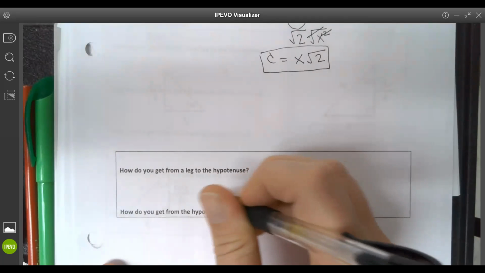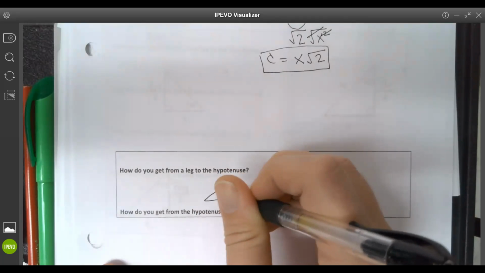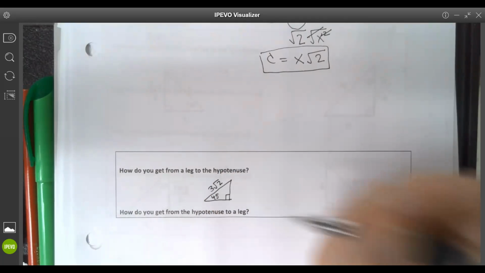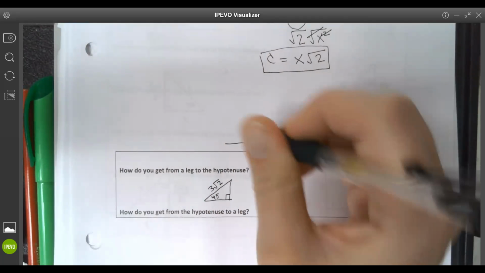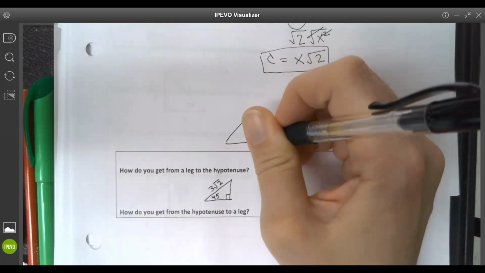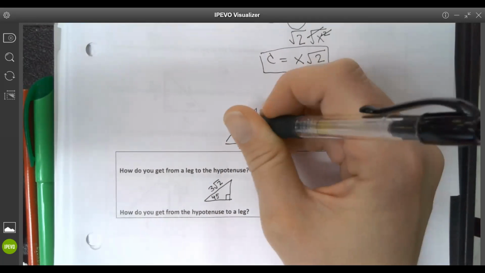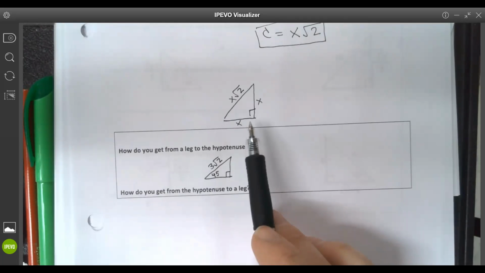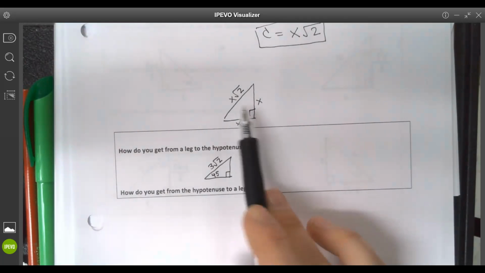so let me draw on a 45, 45, 90. If I'm given that the hypotenuse is 3 rad 2, let me redraw what we had up above in my half a square. We had x, x, x rad 2.